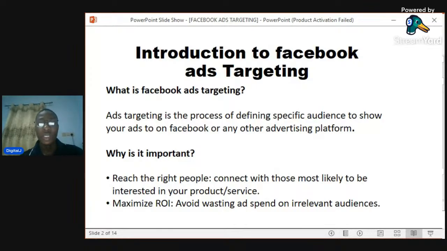So one importance of targeting is it helps you to avoid wasting ad spend on irrelevant audiences, meaning it will help you to avoid wasting money showing your product or services to people that will not be interested in it.